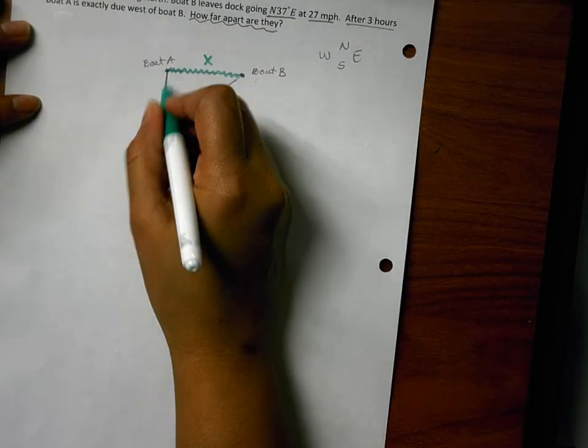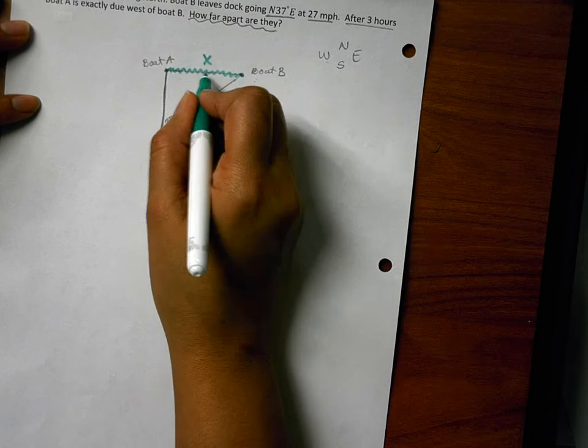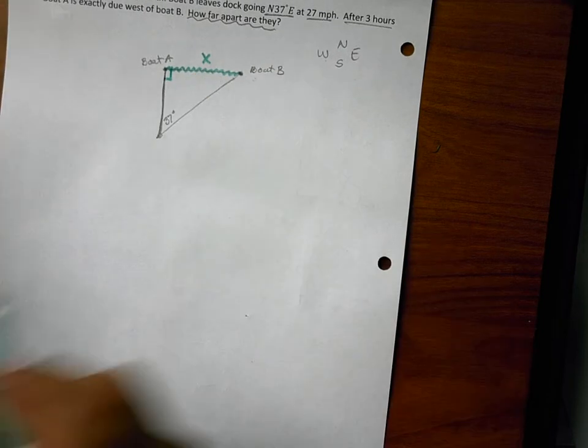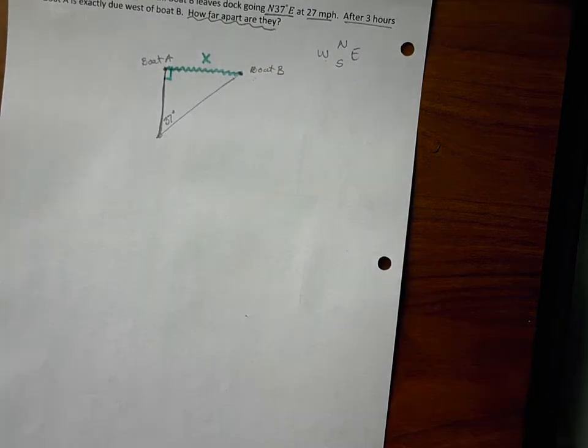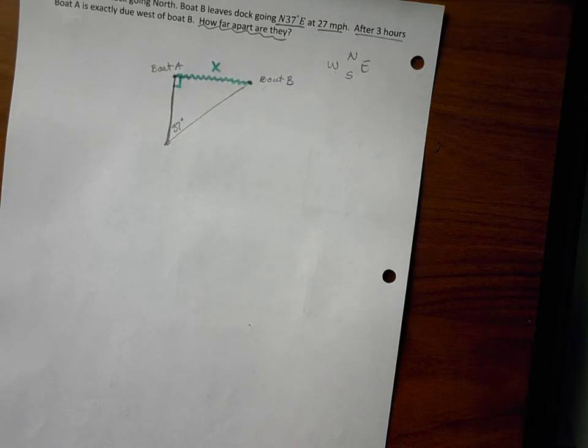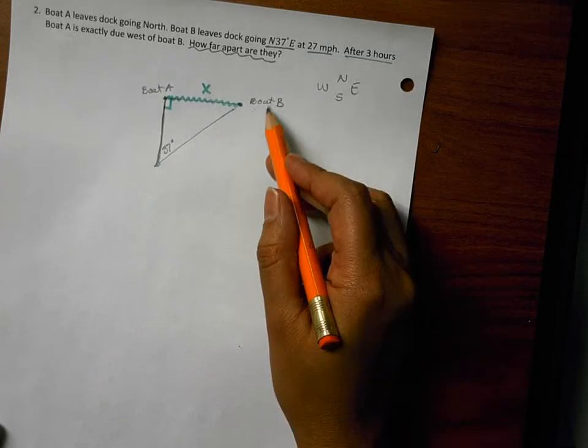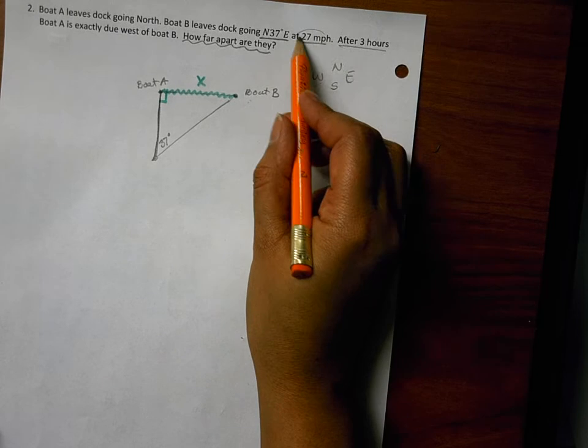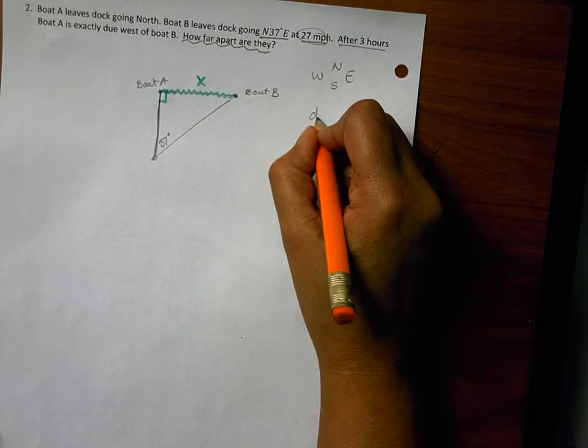So what we're looking for is this length right here. And how do we find it? Since this is a north line, and this is exactly a horizontal line, this is a right triangle. Can you see we're going to use our right triangle trig? I'm looking for the length of a side, and I don't know any other sides. So what do I do?